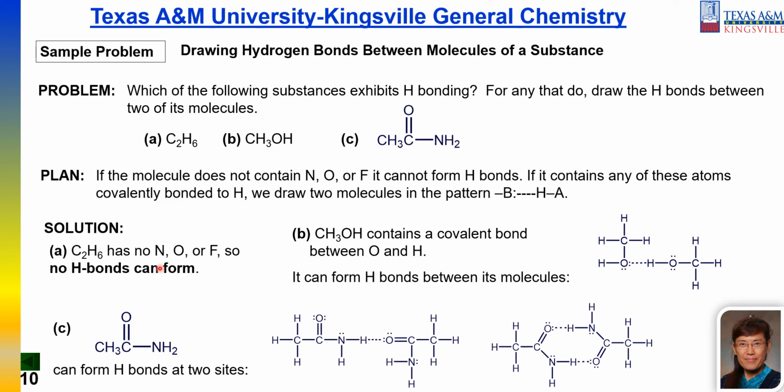And also the last one, this is CH3CONH2. You have a carbon-oxygen double bond, and you have nitrogen-hydrogen bonded to each other. So you can have 2 possibilities. First one, this oxygen double bonded with your carbon has 2 lone pairs. Your nitrogen is covalently bonded with your hydrogen.